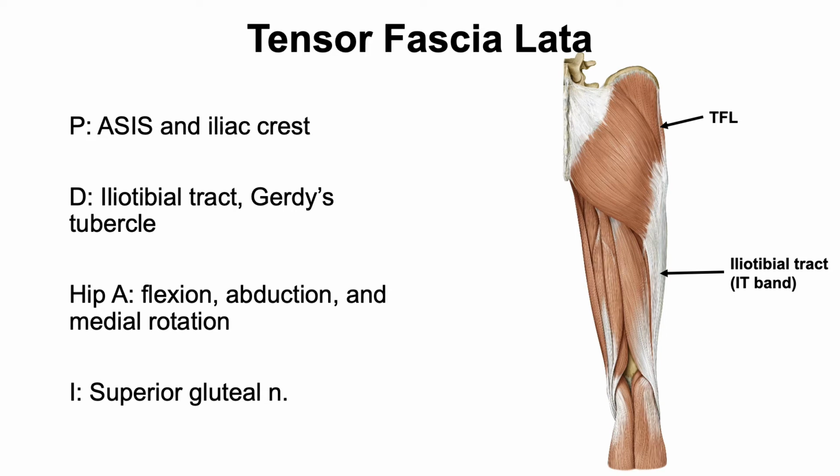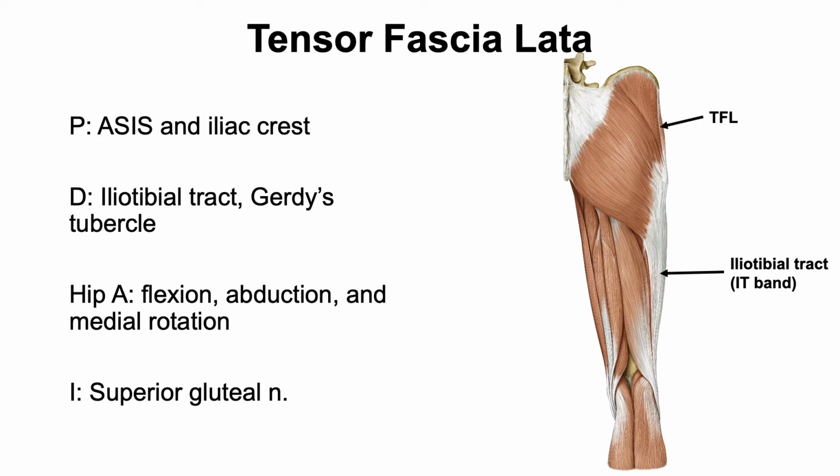So first, let's talk about something called the tensor fascia lata. It kind of sounds like some drink you could get at Starbucks, but it's actually going to give us some good information. The tensor fascia lata is often abbreviated, as you can see here, as the TFL. This is a very thin muscle located in the gluteal region that attaches at the ASIS and the iliac crest, so towards the anterior side.